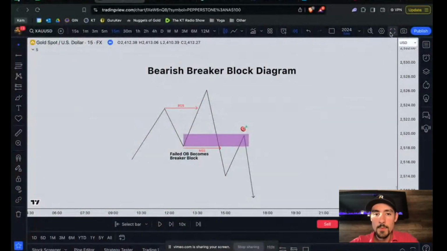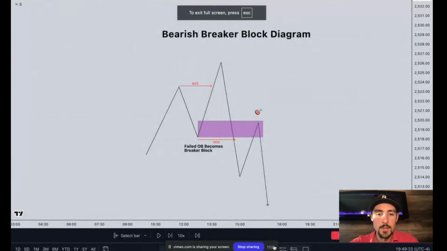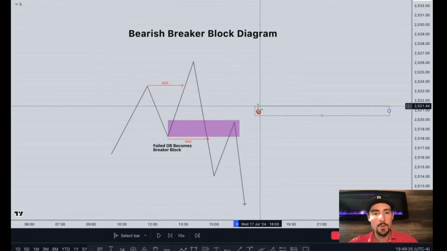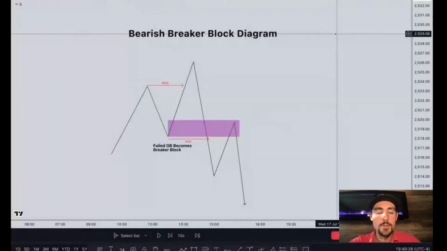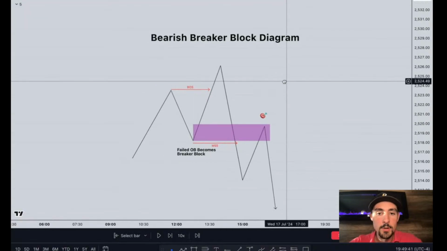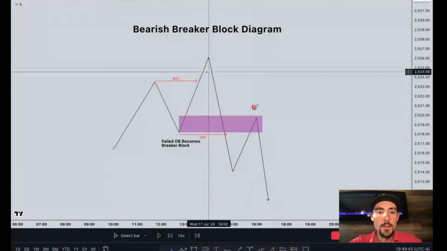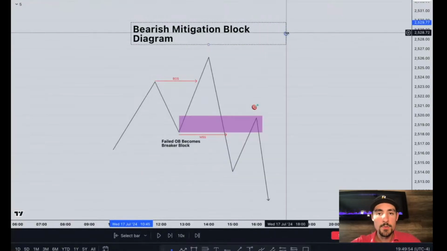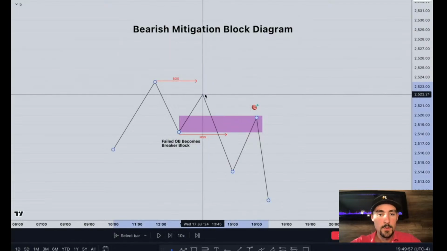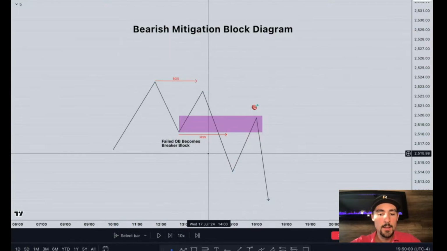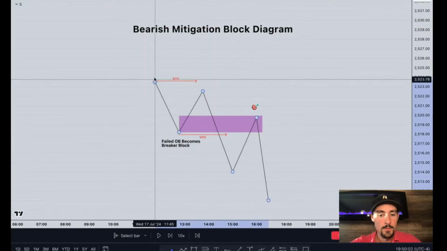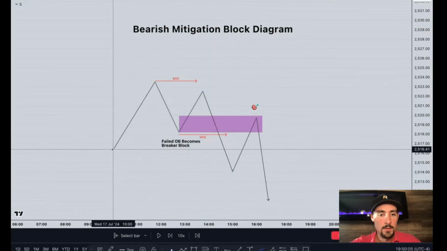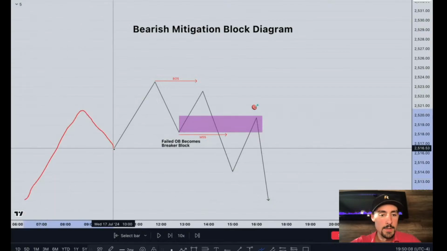So let's talk about the difference between a breaker and a mitigation block. This diagram, which we already pulled up on screen and showed an example of for a bearish breaker block, the only difference between a bearish breaker block and a bearish mitigation block is that one captures liquidity and the other one doesn't. So let's say we're bullish in market structure, creating higher highs and higher lows.